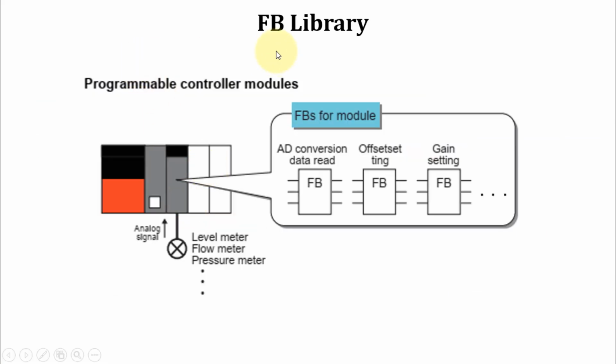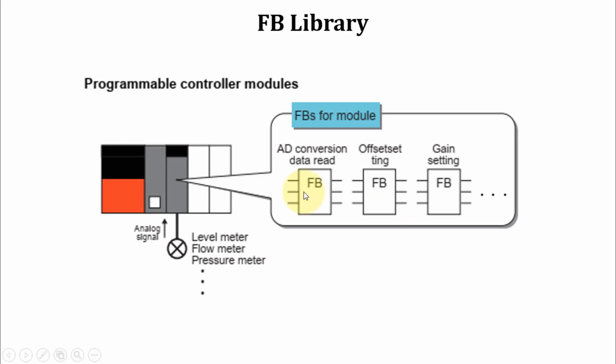Now the most important thing is the function block library. Most of the PLC manufacturers have developed function blocks for their intelligent function modules. In this case, if we are going to use an analog input module, this manufacturer has developed three function blocks, such as A to D conversion data reading, or offsetting function block, or gain setting function block.